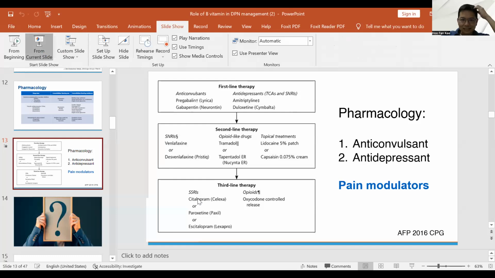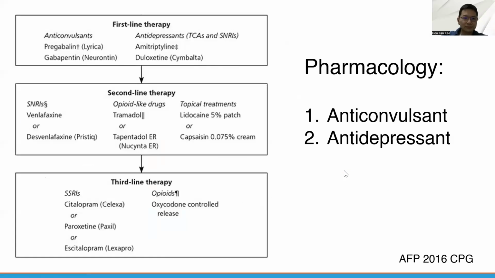This is a summary of the management. The opioid is actually second line, so you are not wrong. What I'm trying to say is, my question is, do you think it's true?